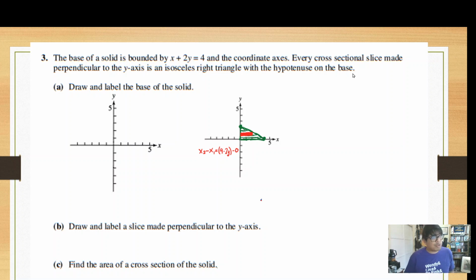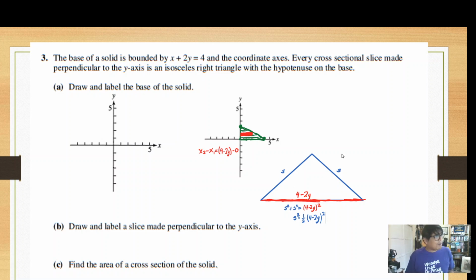So part B, let's draw and label one slice. Here's our slice. Notice that this red segment over here is the same thing as this red segment right here. And how long is that red segment? That's 4 minus 2y minus 0, which we just discussed.